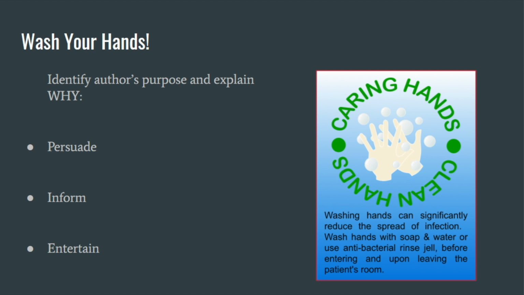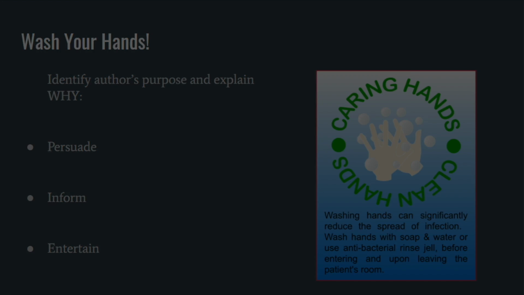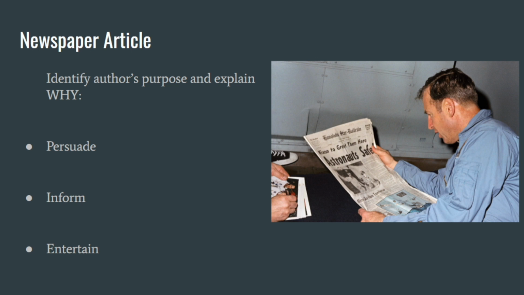This next one, we see a gentleman reading the newspaper, a story that appears to be about the astronauts returning safely home. Is this a story where we hear a fun tale of adventure, we hear information about the mission, or it's being told to do something?